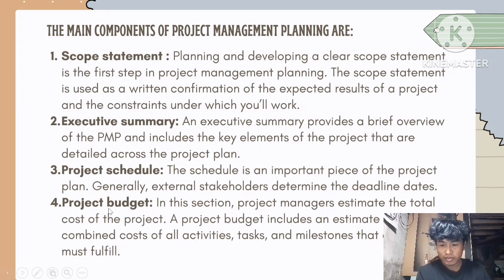Number 4 is project budget. In this section, project managers estimate the total cost of the project. A project budget includes an estimate of the combined cost of all activities, tasks, and milestones that must be fulfilled.